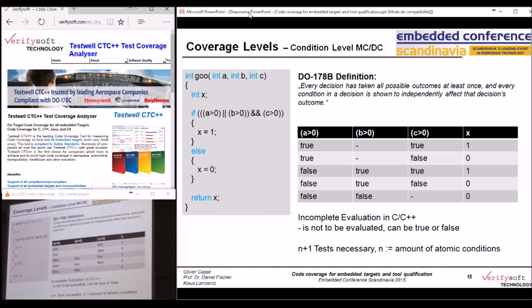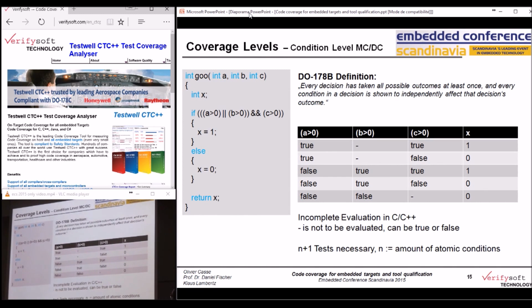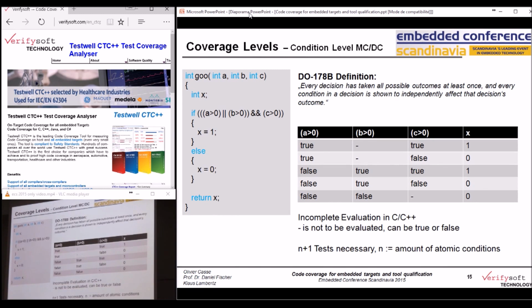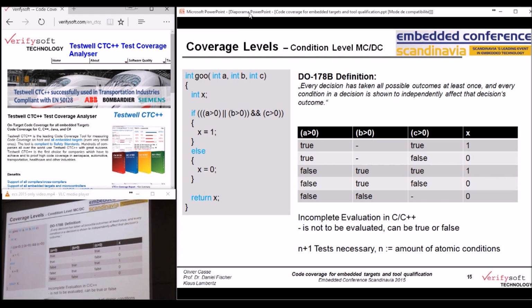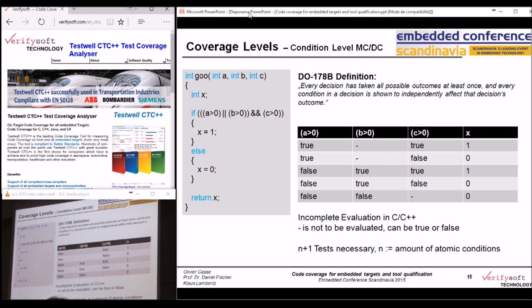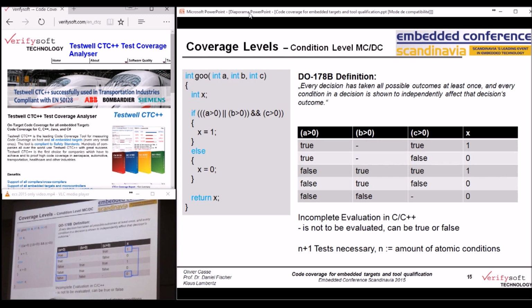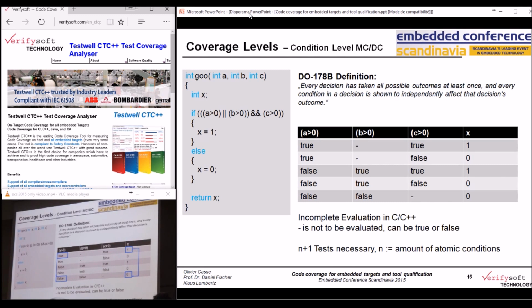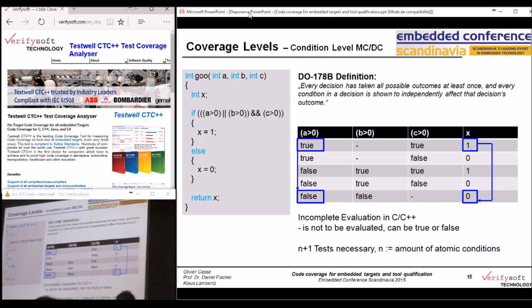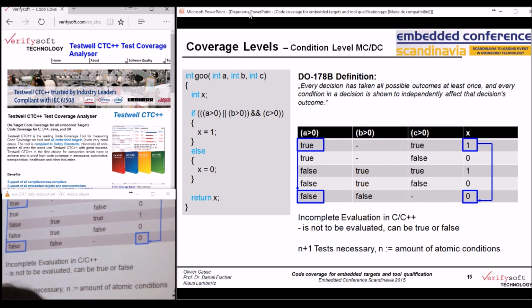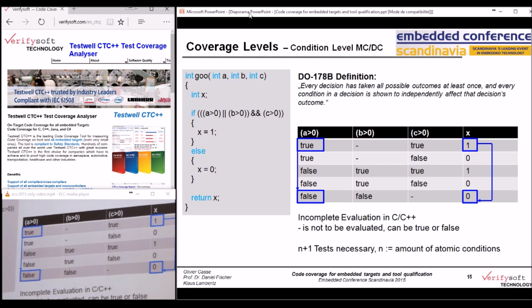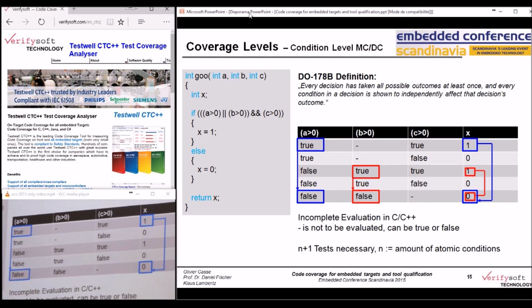And here we'll talk about the MCDC condition level. And these are more complex vectors to write. Actually, it works as pairwise test vectors. That means that for each condition you want to check, you need to check both the true and the false condition. So this is why we're using pairs for this checking.